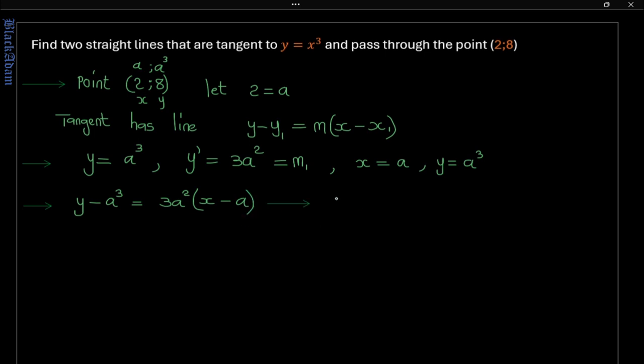Then that gives us y equals a cubed, because we take minus a cubed to the right, and then 3a squared times x is 3a squared x, and 3a squared times a is negative 3a cubed. And then we simplify that equation. That will give us a cubed minus 3a cubed, so it's 3a squared x minus 2a cubed.